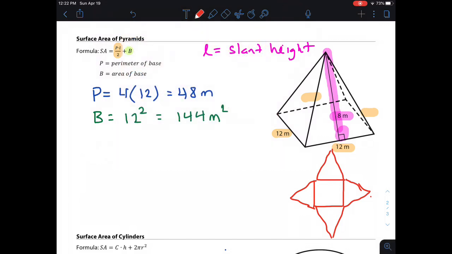So we have SA equals P times L divided by 2. So that's going to be 48 times 8 divided by 2. So I'm going to write that down. 48 times 8 divided by 2. And then I'm going to add the area of the base to it. So I'm going to add 144.